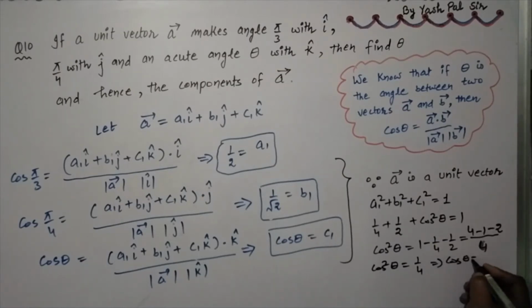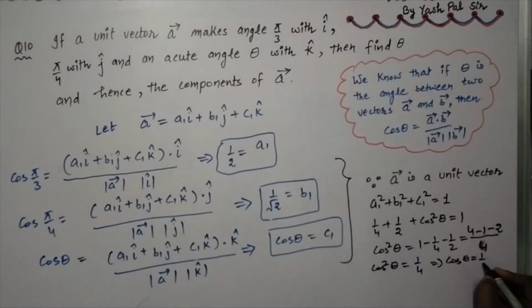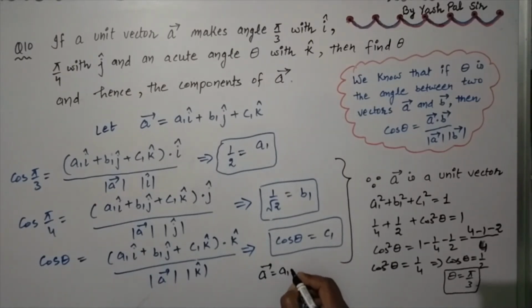So cos square theta is equal to 1 by 4, which implies cos theta is equal to plus minus 1 by 2, but for an acute angle it means 1 by 2. Now 1 by 2 means theta is equal to pi by 3. Right?